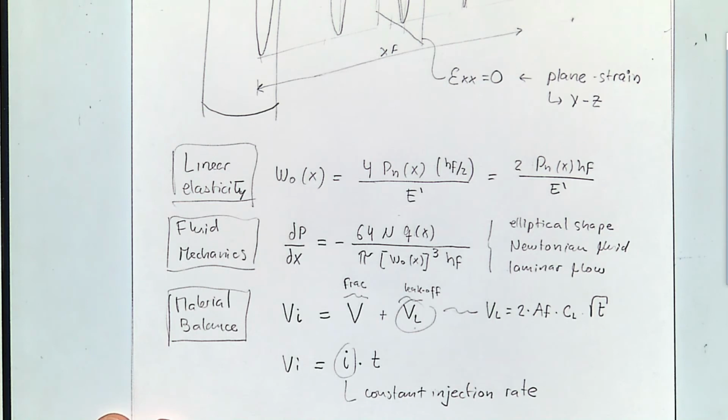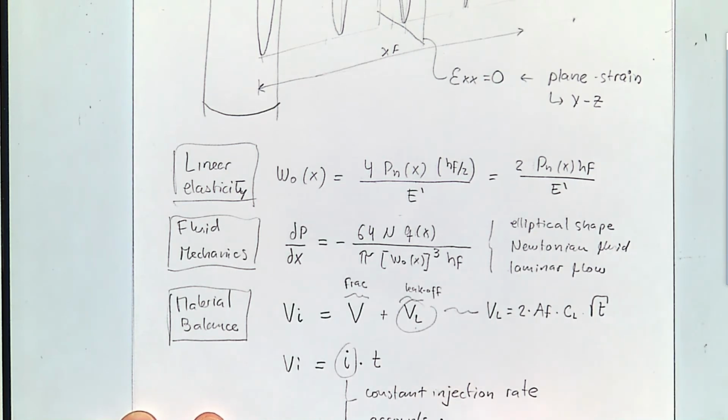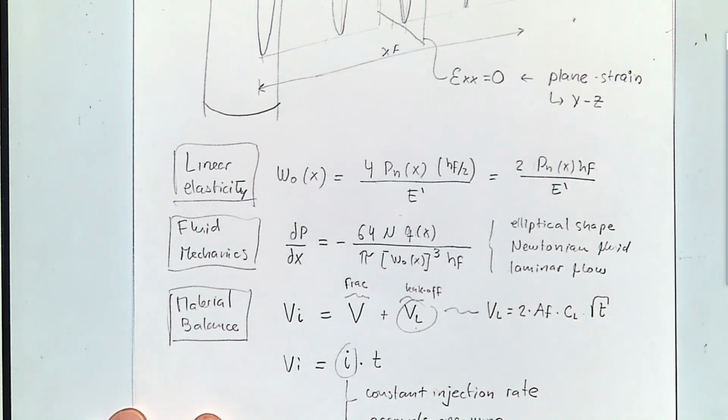And if we don't have any leak-off, the injection rate is just going to be whatever goes into the fracture. One more thing, this injection rate just accounts for one wing of the fracture. So the actual injection rate at the wellbore is going to be 2 times I.